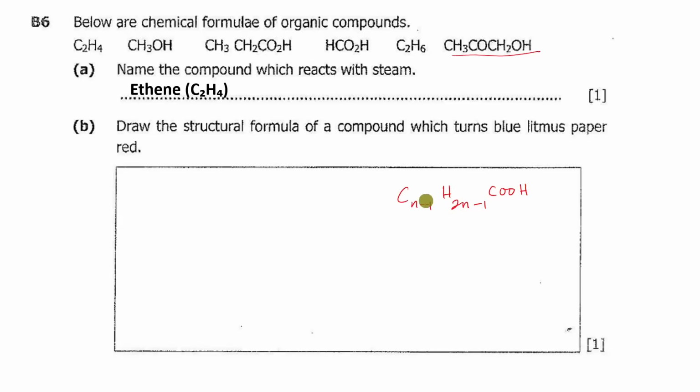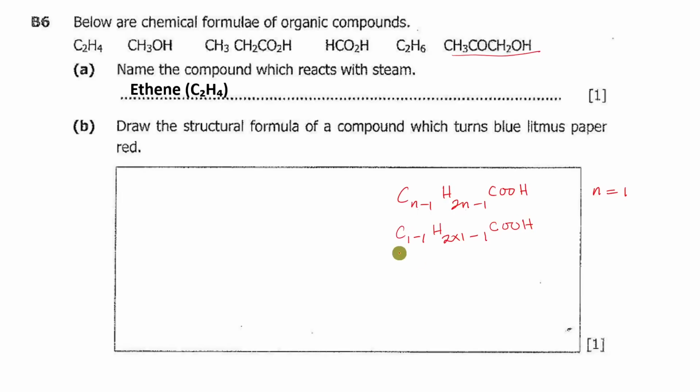So if you cannot identify the carboxylic acid from here, you can begin by using this formula. Start with the first member, n equal to 1, and replace. Say C, where there's n, you put 1 minus 1, then H, 2 times 1 minus 1, and COOH.